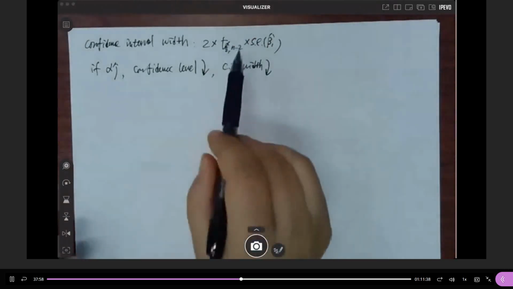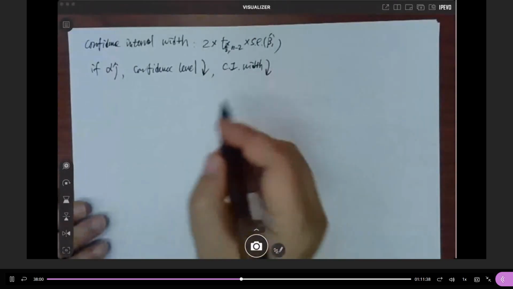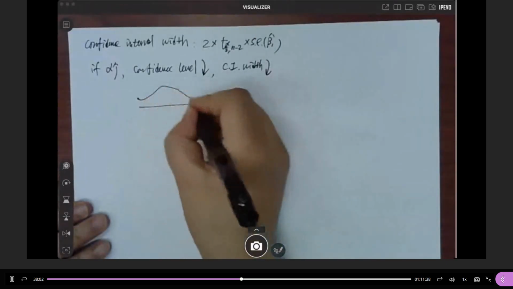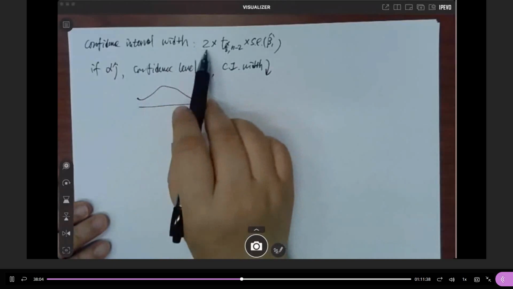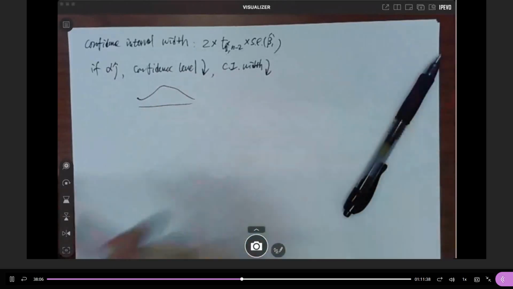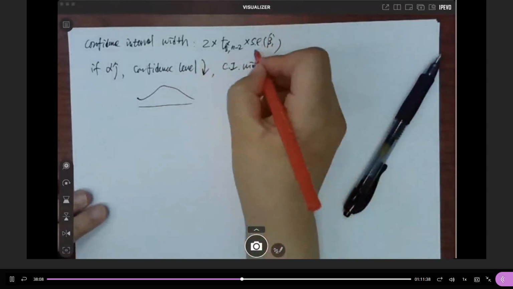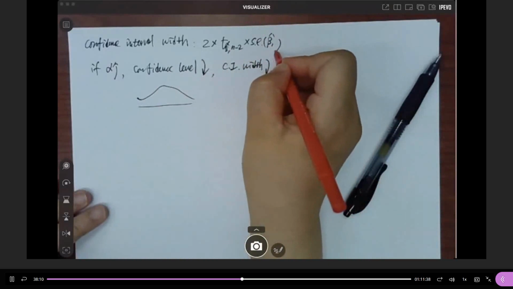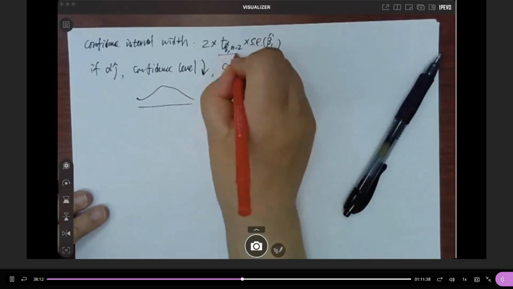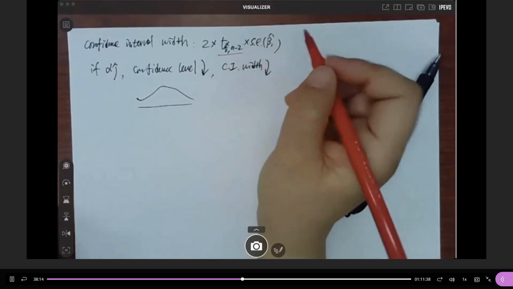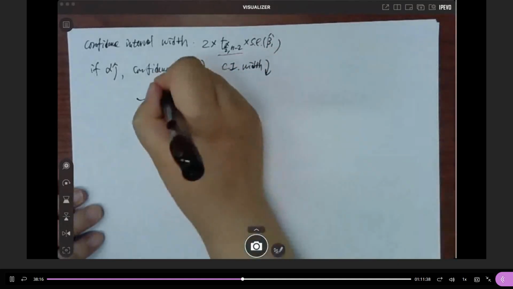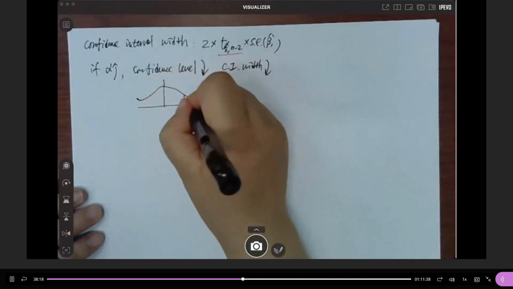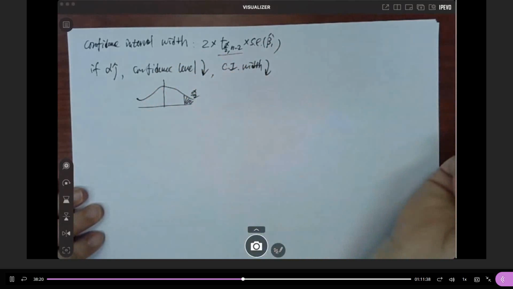This can also be observed from the t-value, right? So the t distribution is here. As the confidence interval is 2 times this, you just look at the half length here. The standard error doesn't change because it has nothing to do with alpha. This one has something to do with alpha, right? The area under the curve here is alpha over 2, okay?